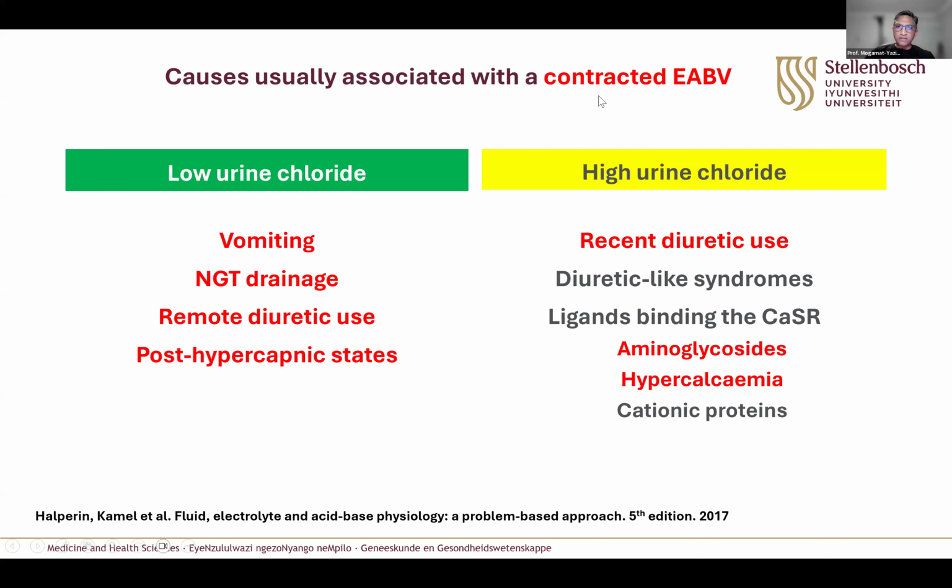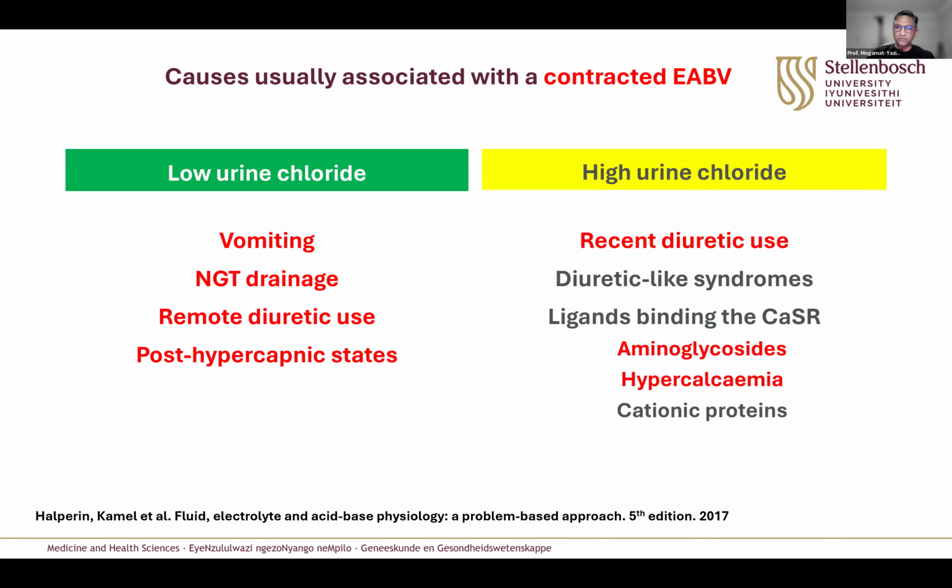On the side of patients who have a contracted ECF volume, but with very high urine chloride, more than 25 millimoles per liter, the patient is still currently using a diuretic, Lasix, thiazides, and so forth. Really, things like diuretic-like syndromes, for example, Gitelman syndrome and Bartter syndrome. And then we have ligands that bind the calcium sensing receptor. Aminoglycosides would be common.